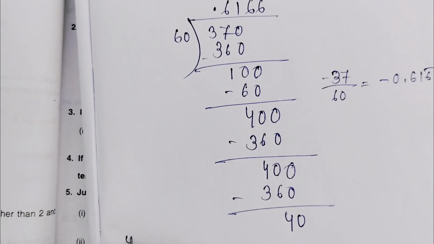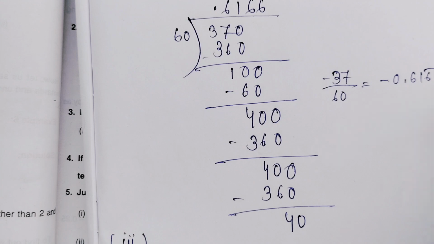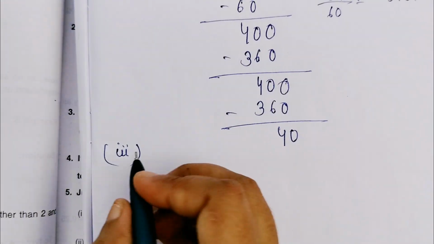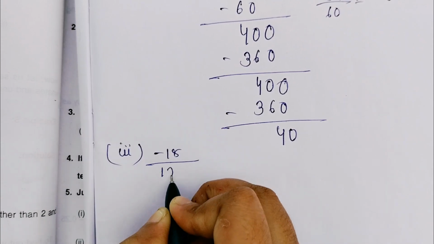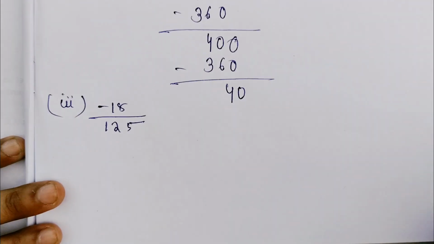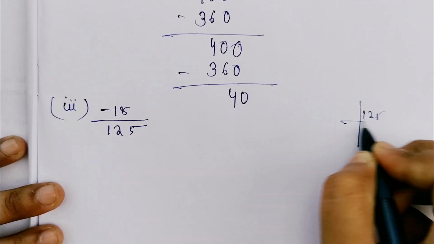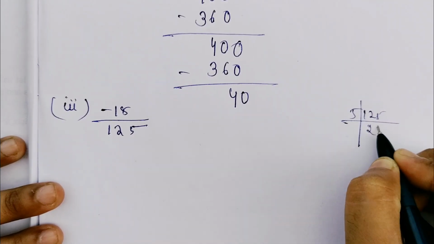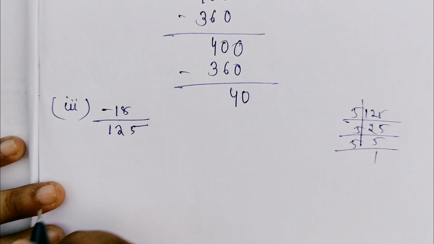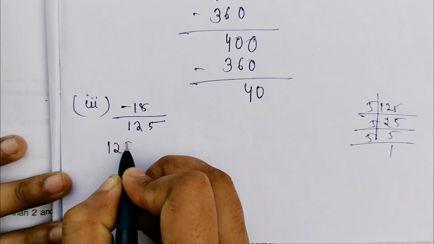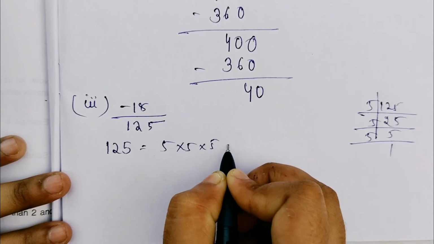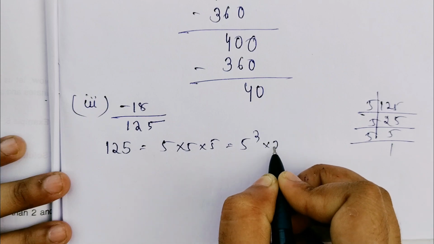Now we solve another part, part 3. Minus 18 by 125. First we find the prime factors of 125. 5 times 25 is 125, 5 times 5 is 25, 5 times 1 is 5. So the prime factors of 125 equal 5 into 5 into 5, which is 5 to the power 3 into 2 to the power 0.